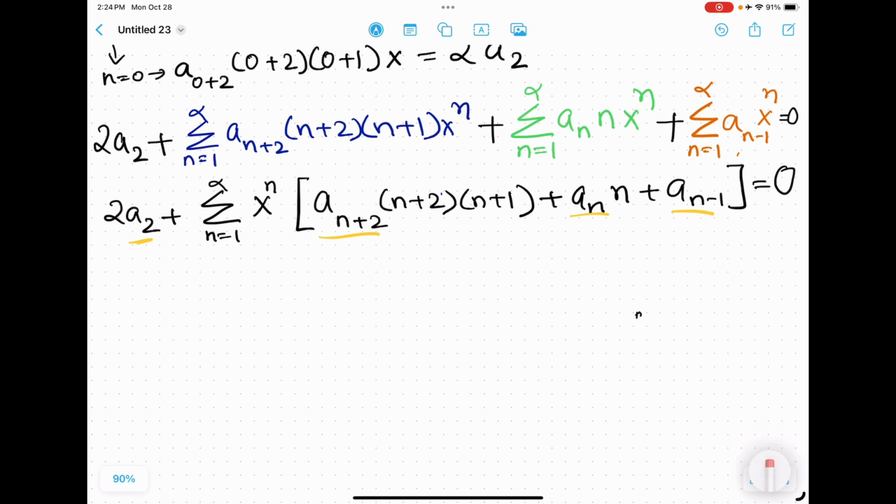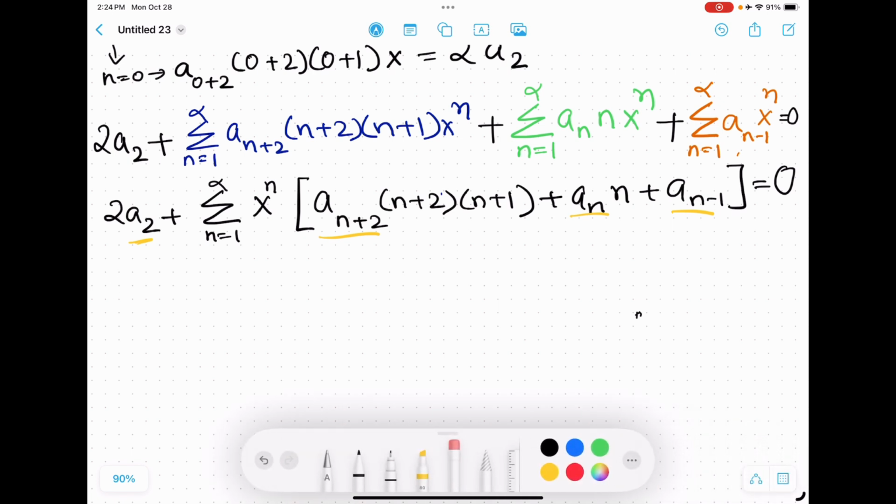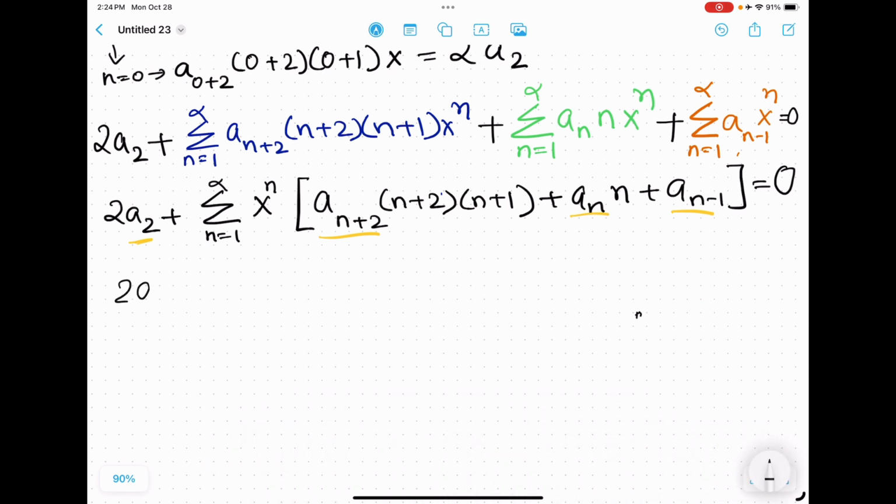On our left we have a constant number, 2a sub 2, and I can say it's constant because there's no x attached to it. If I look at my right, clearly it's a 0. That means our constant is equal to 0, which means a sub 2 equals 0.